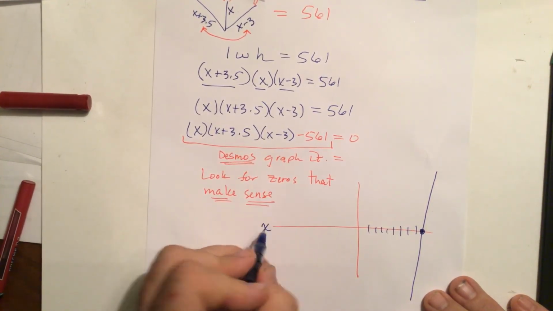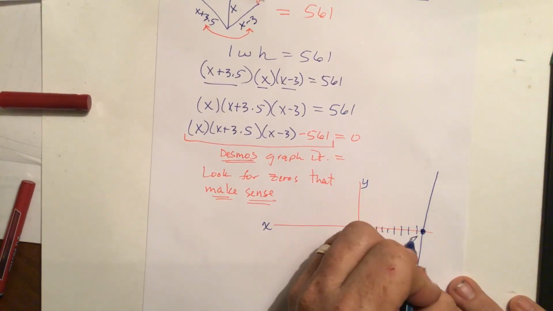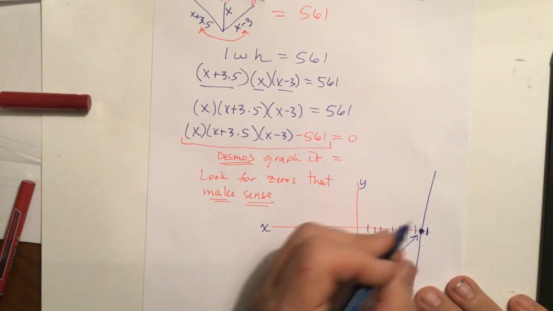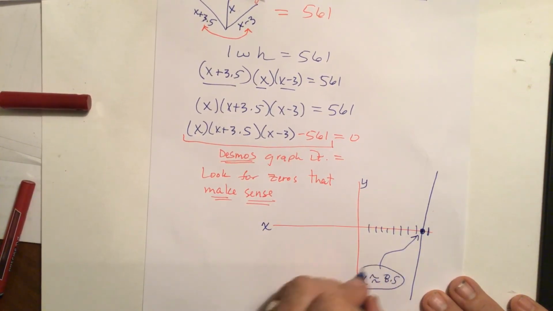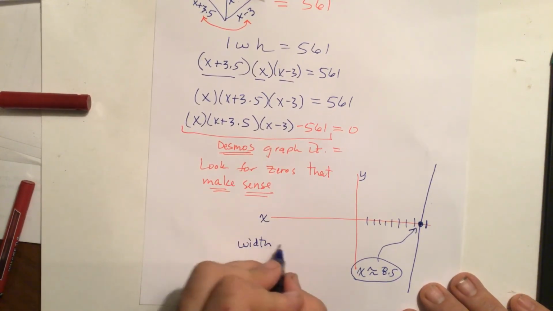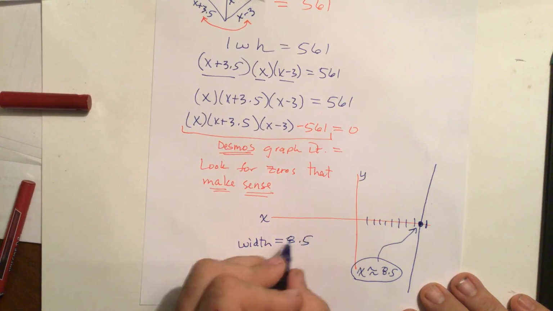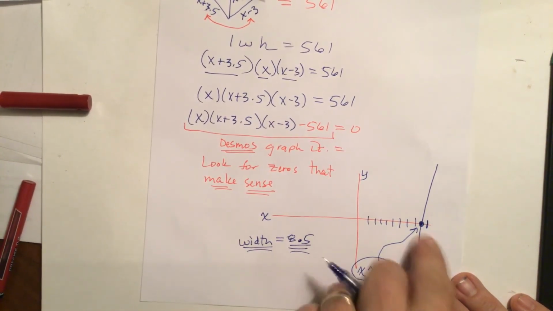So we know that this is x and this is y. So what does x equal? X equals that answer right there. And that answer is approximately 8.5. So using Desmos, we know that the width is equal to 8.5 because our zeros represent answers.